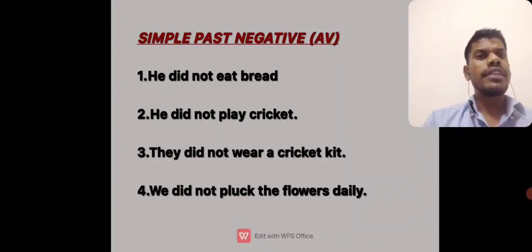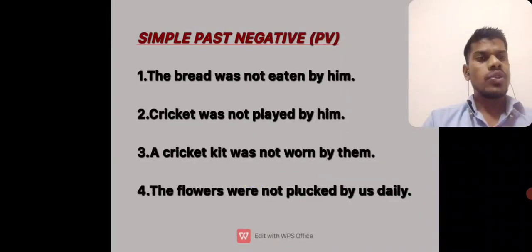He never ate bread. Then how to convert this simple past negative to passive negative? Let us see here. First we have to use the object. I have taken the bread, followed by was, because the object is singular. The bread was. Immediately after the be form, you add the negative word, that is not.